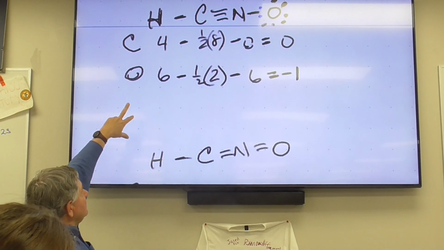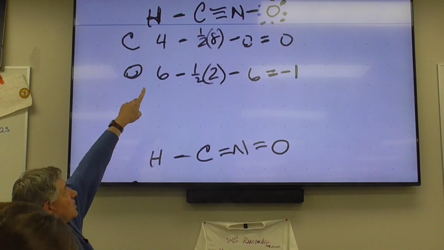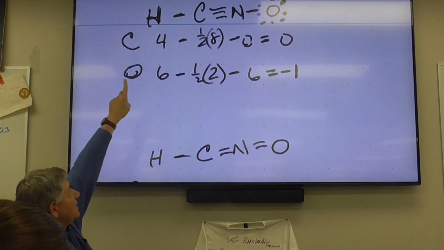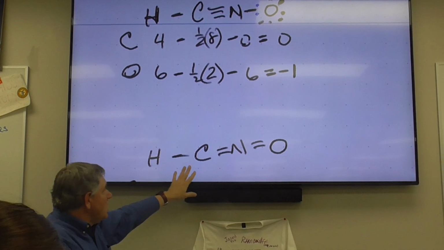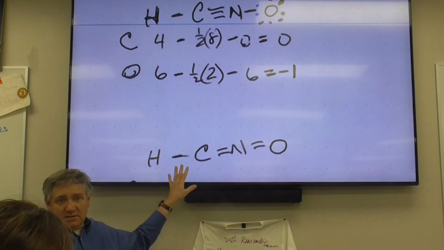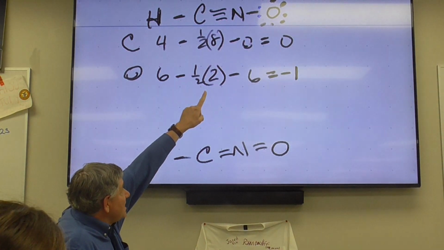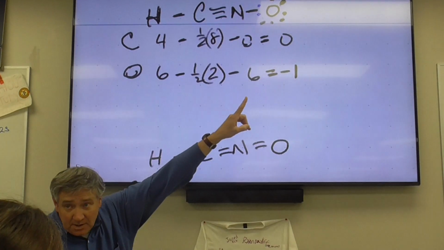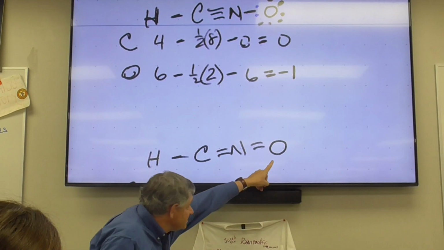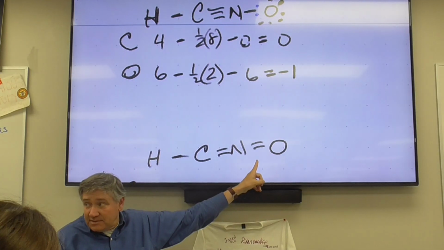Carbon, though, fundamentally changes, because on carbon up there, carbon has a total of 4 bonds, whereas down here, carbon has a total of 3 bonds. Over there, the oxygen up there has a single bond with the nitrogen, and the oxygen changes, and it has a double bond down here.